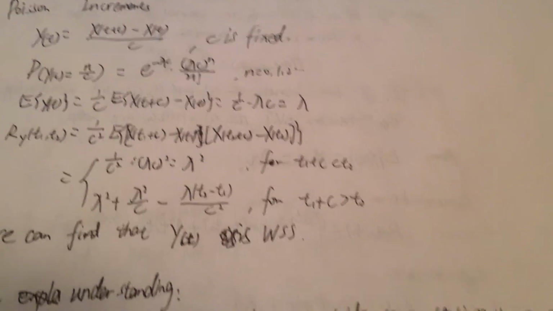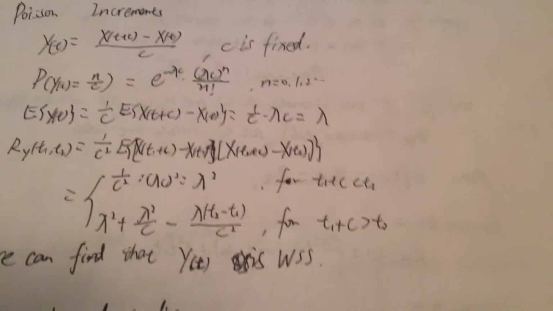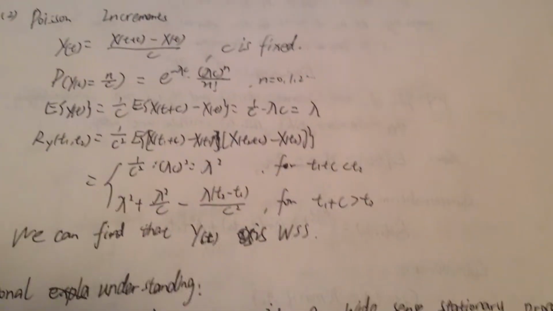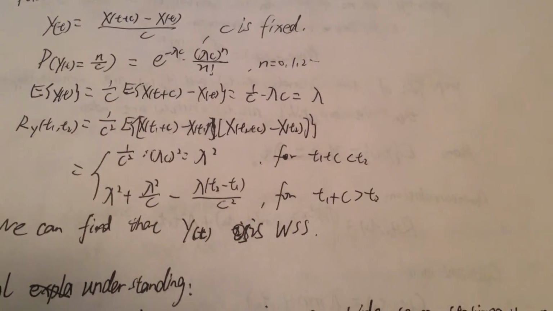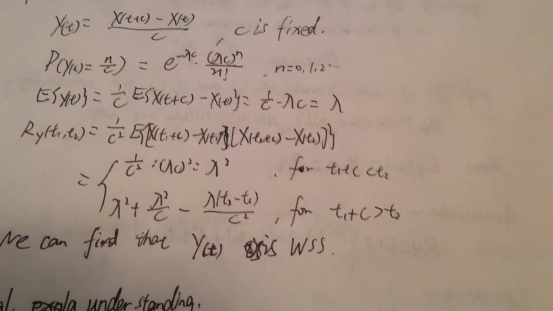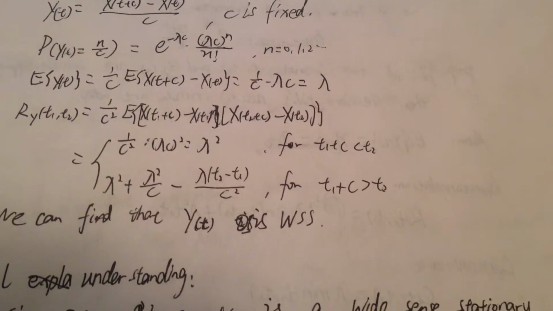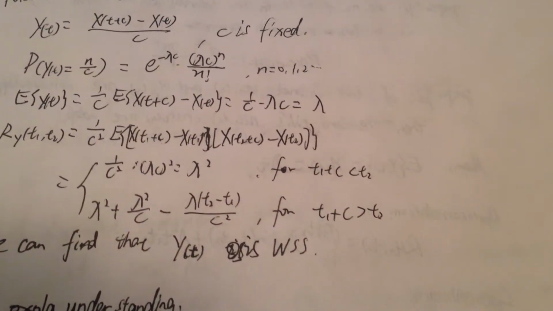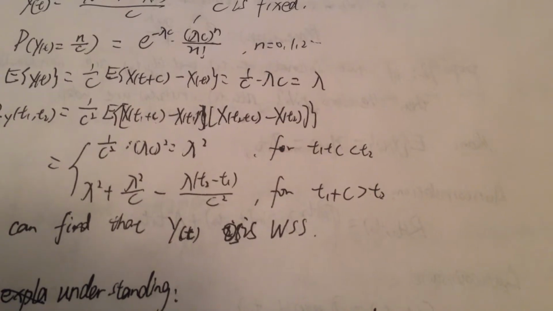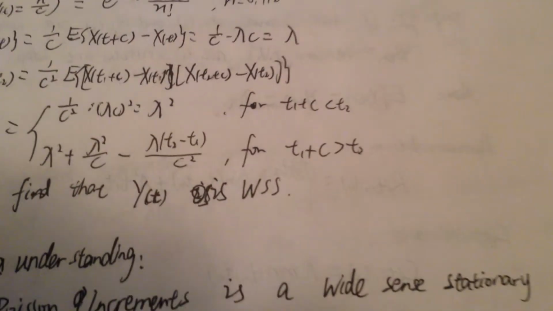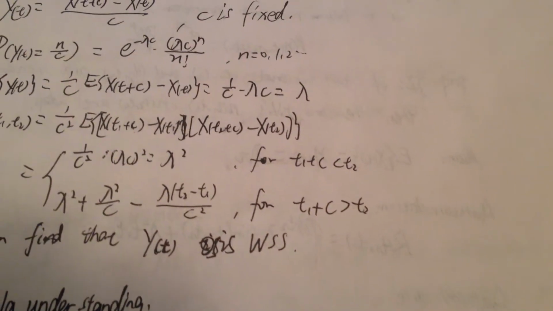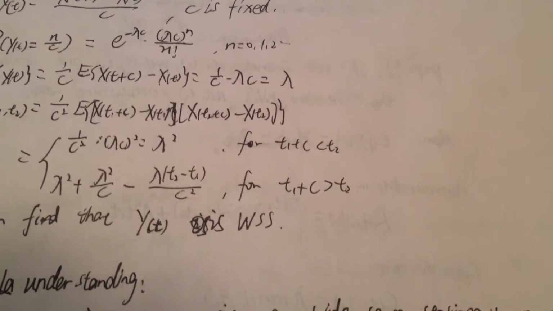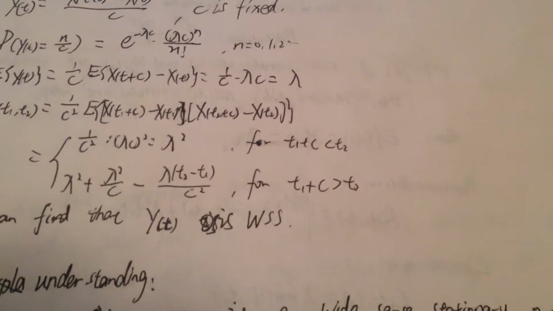It's 1 over c times lambda c, which equals lambda, a constant. The autocorrelation of t1 and t2 equals 1 over c squared times (lambda c) squared, which equals lambda squared, when t1 plus c is less than t2.